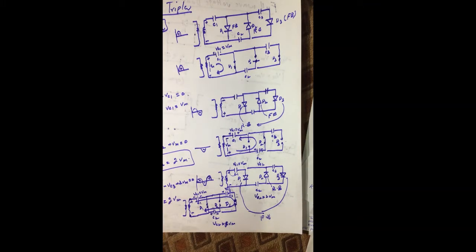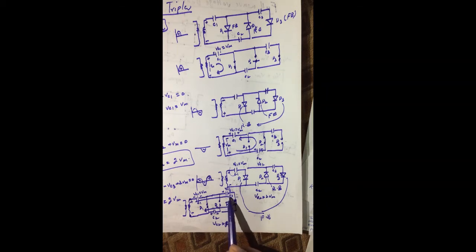Now after the completion of the 3 half cycles, like the first positive, first negative, and the next positive half cycle, all the capacitors C1, C2, C3 get charged to their maximum value. C1 gets charged to its maximum value, and the potential across this capacitor is now Vm. C2 gets charged to its maximum value during the first negative half cycle, and the potential across this capacitor is now 2Vm.